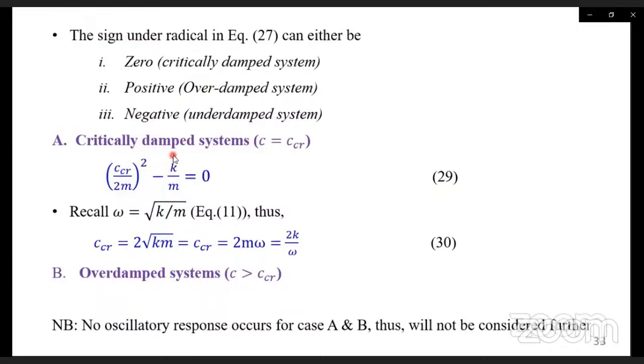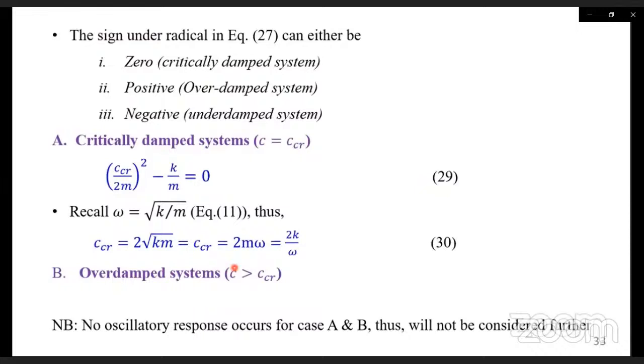In this case, we are just at that point where our vibratory motion can be stopped. Let me combine this with the overdamped system. The overdamped system is where the damping coefficient has exceeded that critical damping value. Therefore, we have stopped any vibration or vibratory motion.